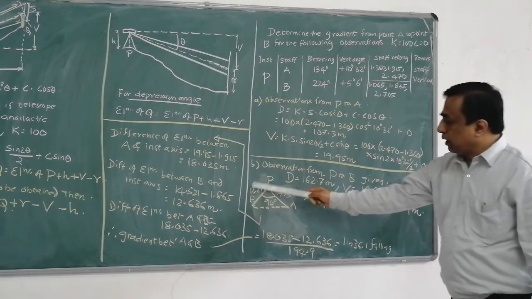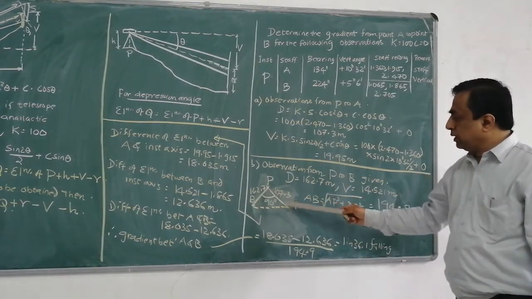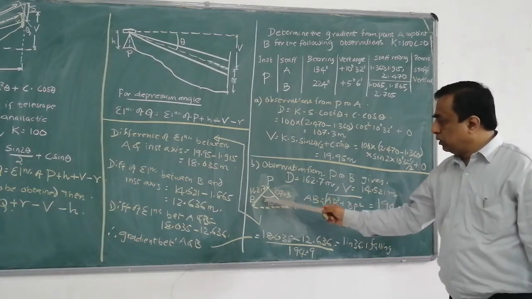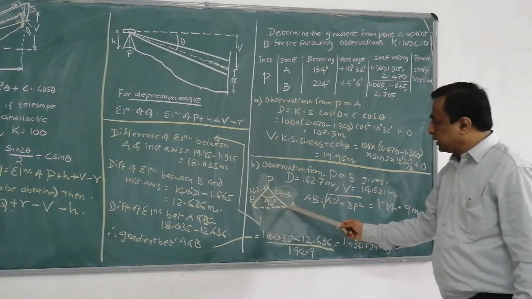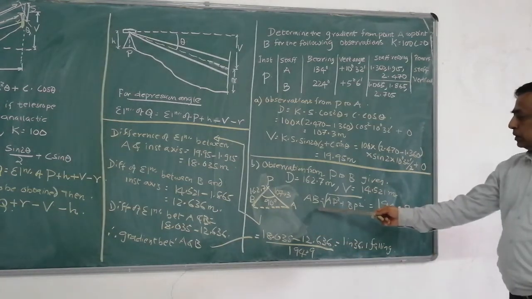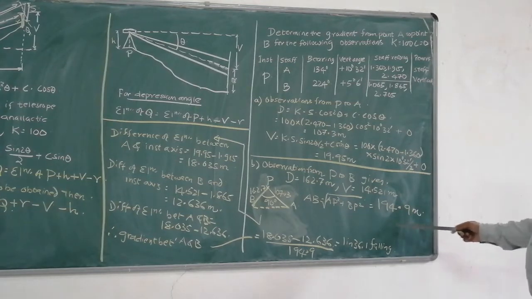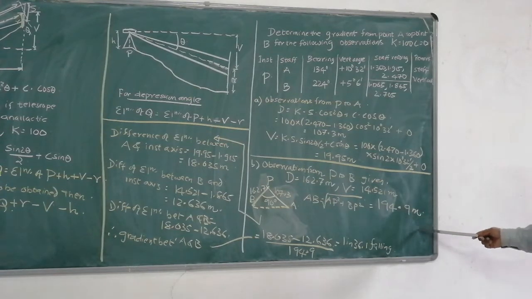Now this is the triangle that you have observed. Here this length is known, this length is known, this included angle is known. Therefore, the distance between A and B can be computed using the simple formula given here, and that distance between A and B has been worked out as 194.9 meters.